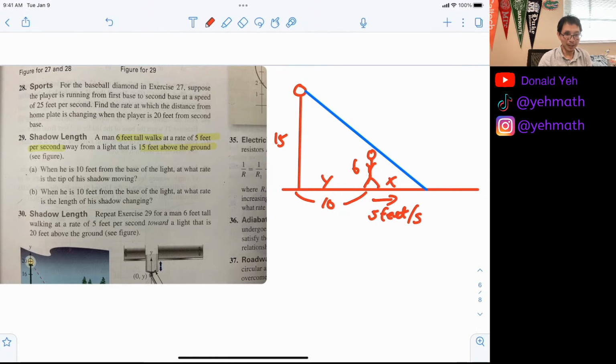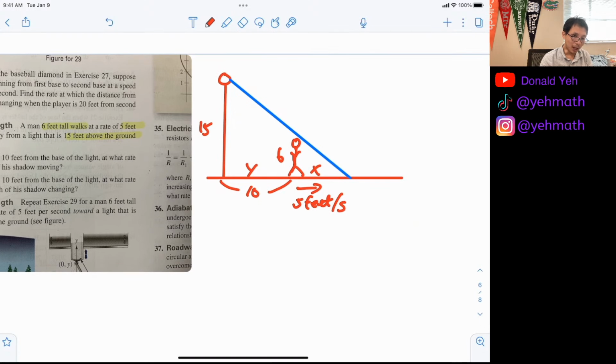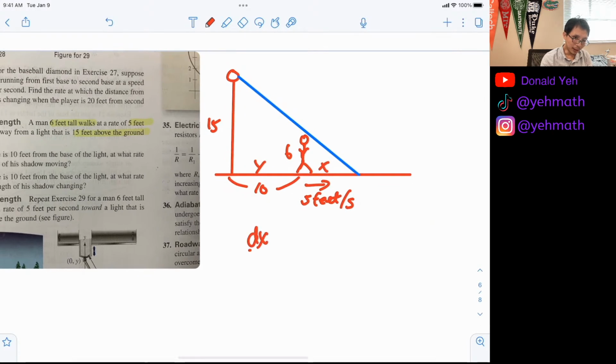The answer is dy/dt. Because the y is increasing. X is also increasing, but it's not a direct relation. X is how fast the shadow is growing. So dx/dt is 5, right?